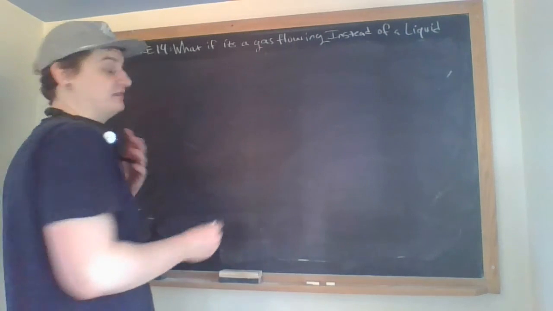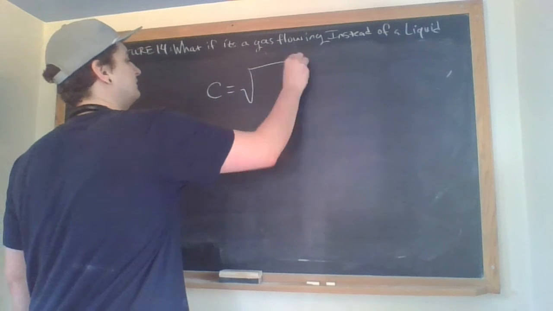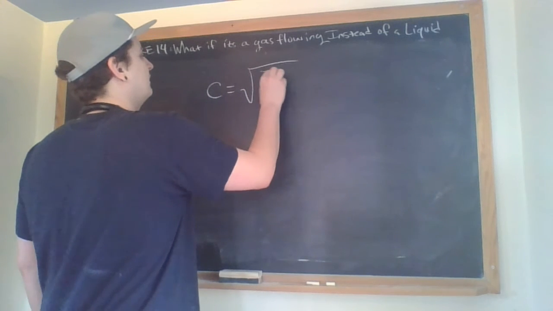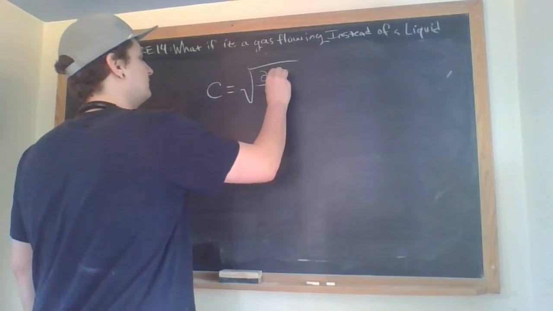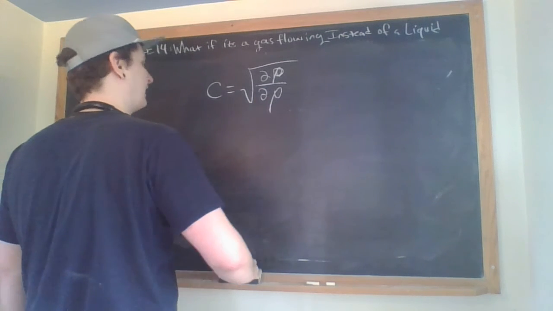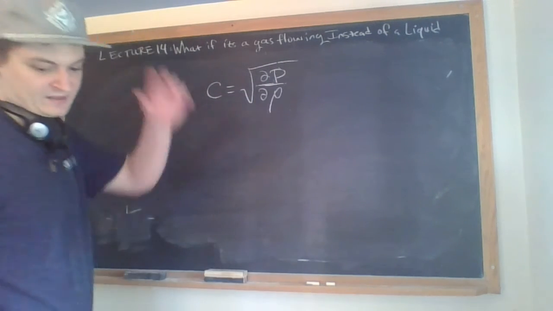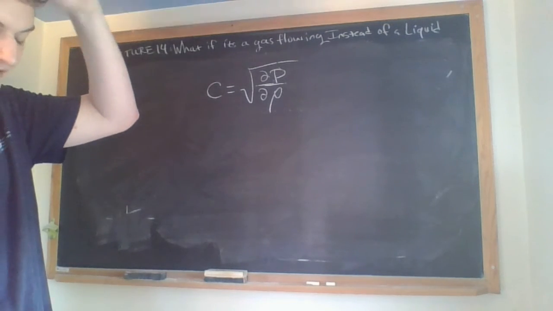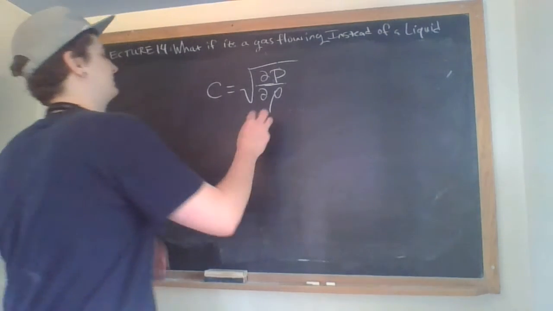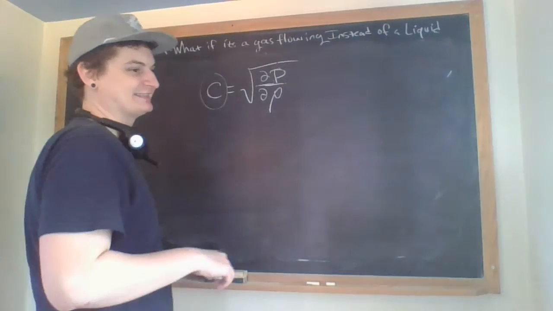So we haven't even talked about ideal gas yet, though. So we have rho. Okay, so now we're going to invoke ideal gas laws to see what the speed of sound is, because sound is in air.